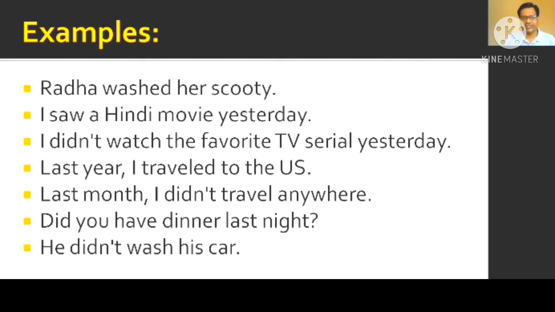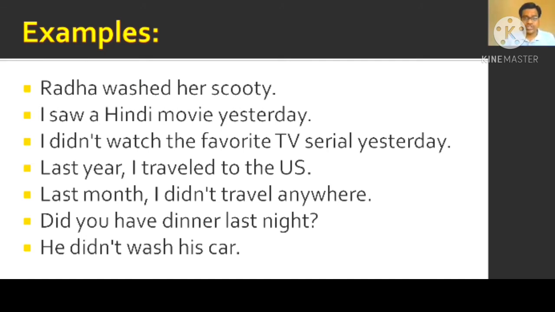See the second sentence. I saw a Hindi movie yesterday. When did I see the movie? I saw the Hindi movie yesterday, not today. So the action of watching the Hindi movie is already completed in the past, and that is the part and parcel of the past.